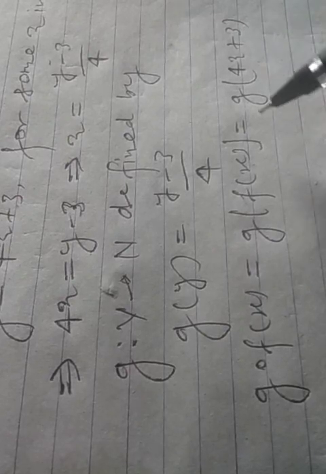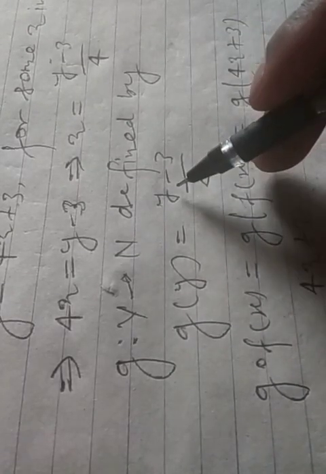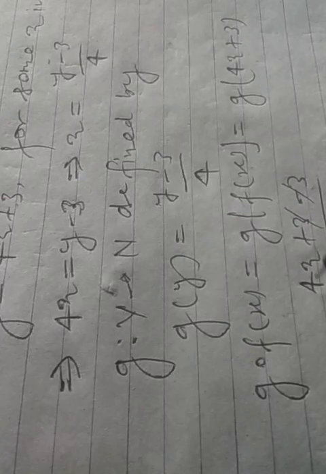Therefore we have to put 4x plus 3 in the place of y. Now this becomes (4x plus 3 minus 3) upon 4, and this is equal to x.